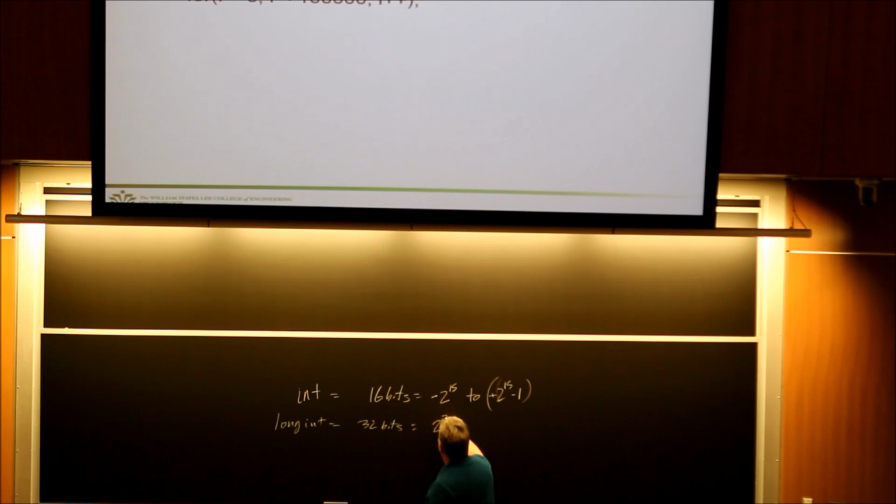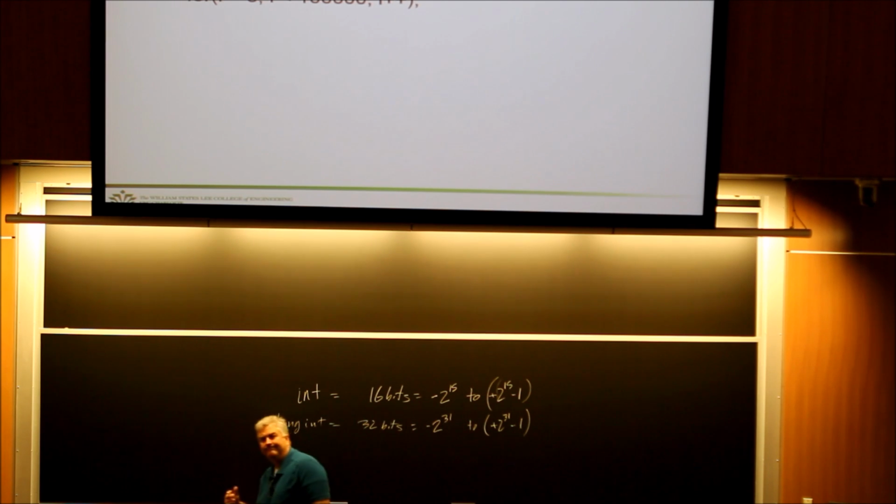It's negative 2 to the 31st to positive 2 to the 31st minus 1. Why do you think it's minus 1? You have to represent 0 somehow, right? But it's a total of 2 to the 32nd numbers that you could represent.